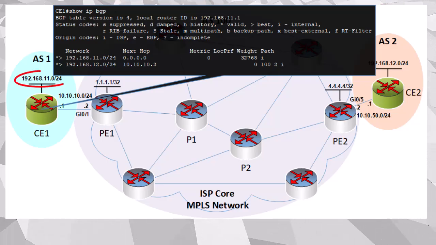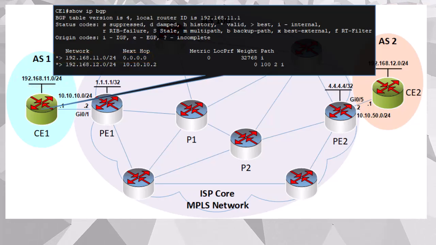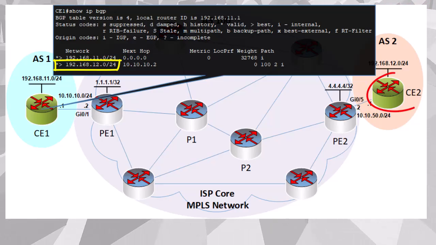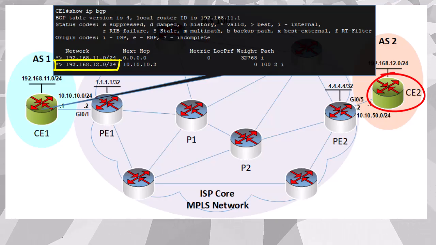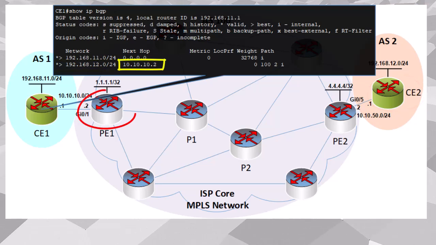Notice that you can see the local route has been advertised by BGP using the network command. You can also see that the 192.168.12.0/24 network that is advertised from CE2 has been learned by eBGP. And the next hop IP for this particular destination is the IP address of the PE1 router as expected.